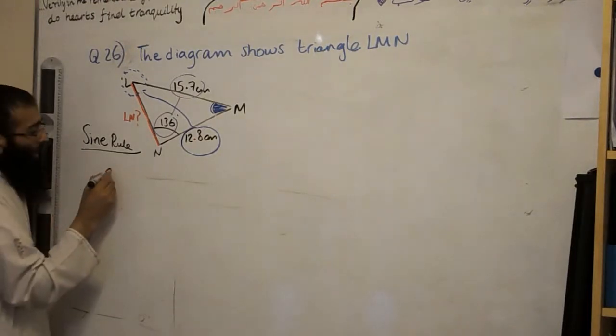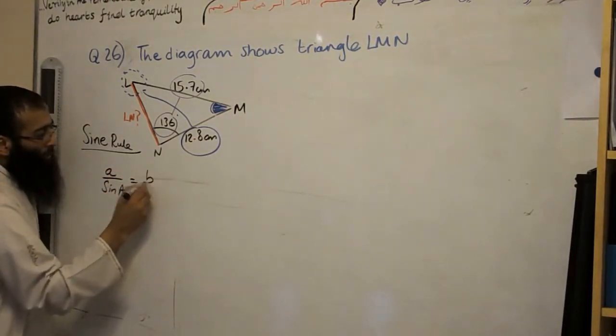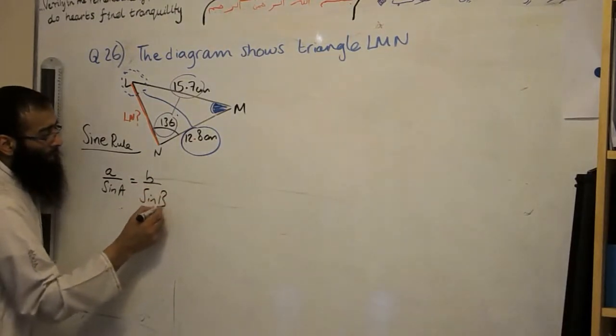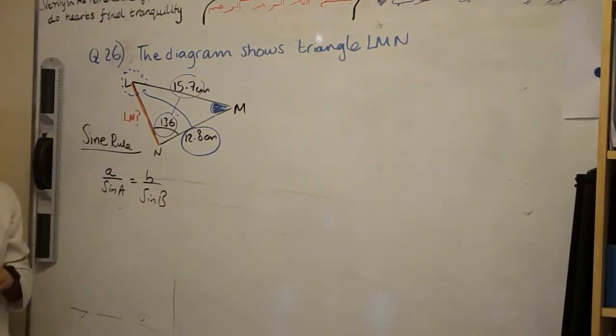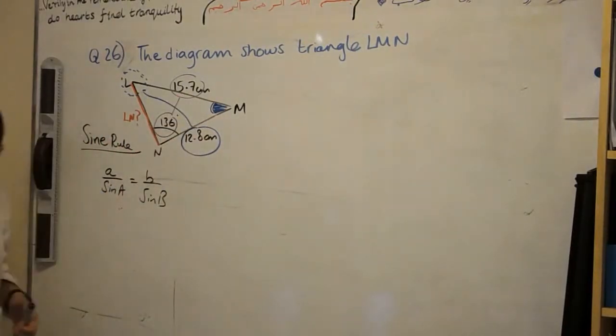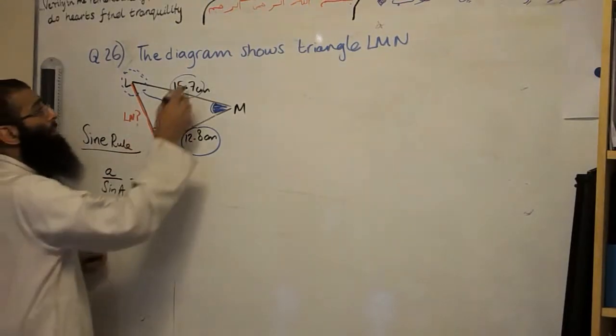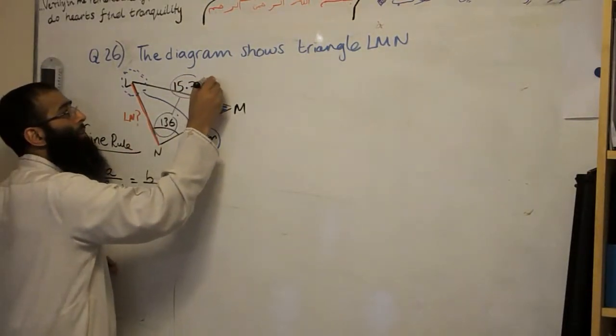So we're going to say a over sine A is equal to b over sine B. Now, in the context of this question, if we leave the labeling as it is, if this is big N, then this will be little n.